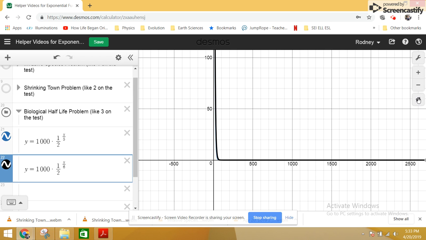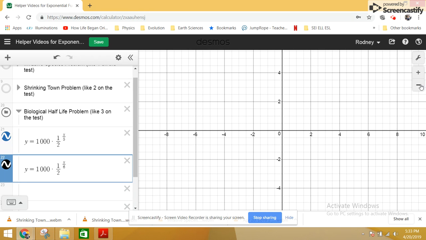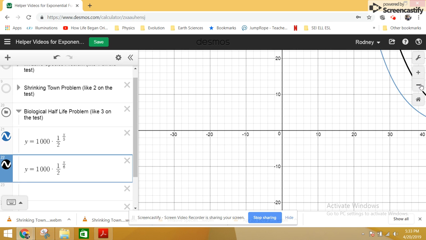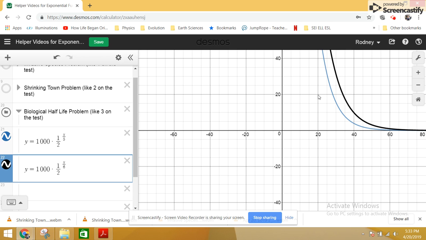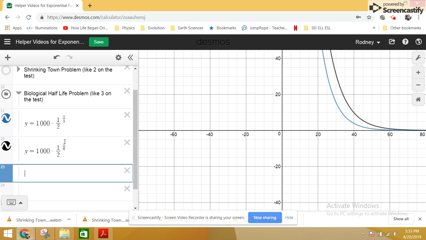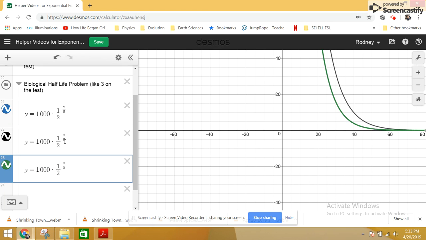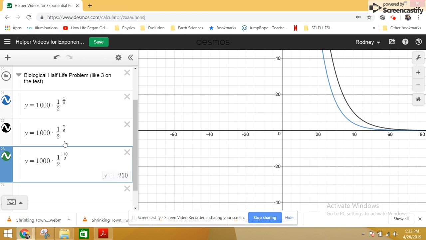I am way too zoomed out now, so I'm going to zoom in and zoom out just a little bit, and you can see our two tracks. If I copy this one down here and I replace x with 10 hours, it tells us we'll have 250 milligrams of caffeine in our system.